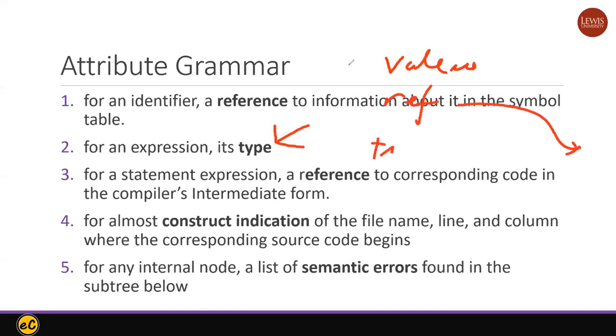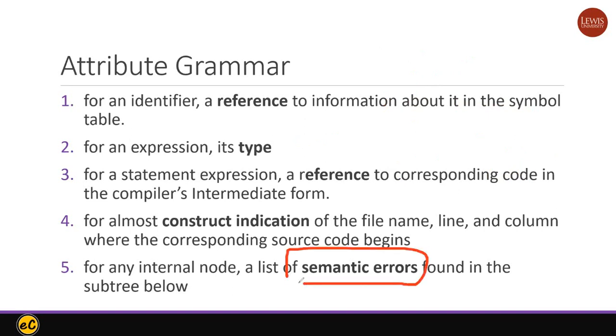And there may be an attribute called type. This type may be double, or maybe integer. Whatever, there are several attributes, not only one. There are other things, and even error will be included.